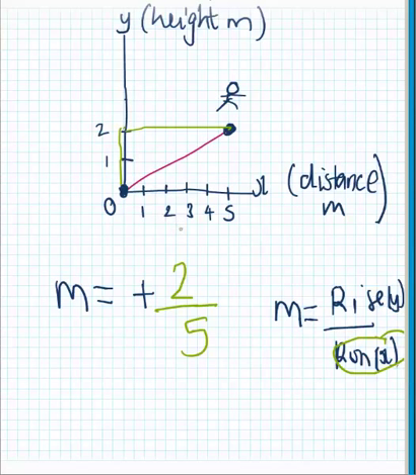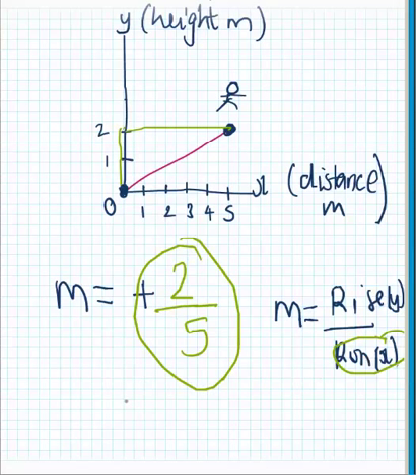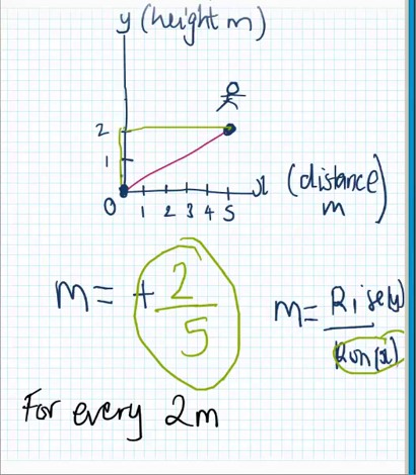Now let's just make sure we understand what we mean by this. What this gradient is saying is, so let's write down a sentence. Please write this down. This is actually saying something to us. This gradient is saying for every 2 meters in height, because we know that 2 meters means we're going up 2 meters, okay? What's actually happening?